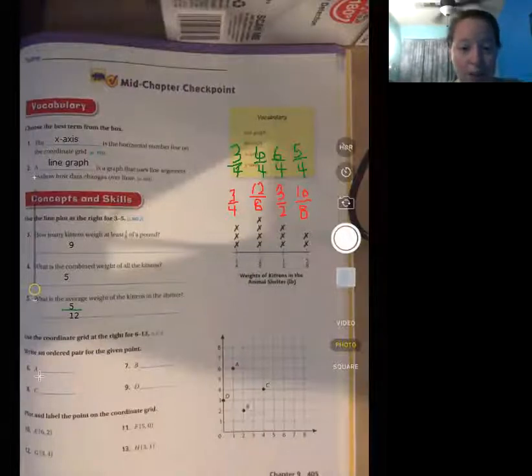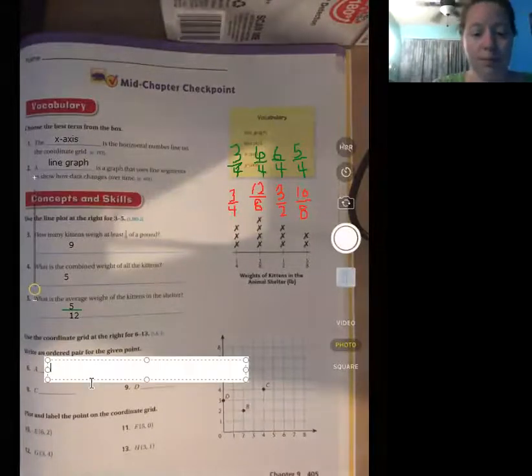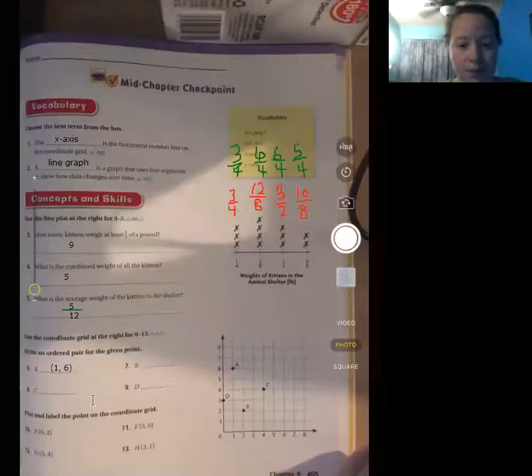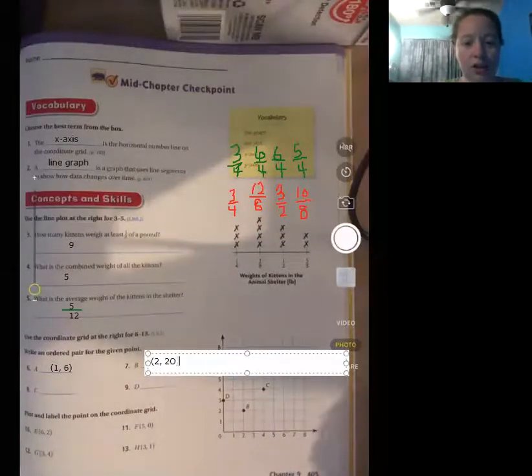Where is each given point at? So point A, now we're getting into the real reason why I'm on here instead of writing it on a piece of paper. Point A goes 1 up to 6. So open parentheses, 1, comma, 6. B is 2 over to 2. So 2, comma, 2.